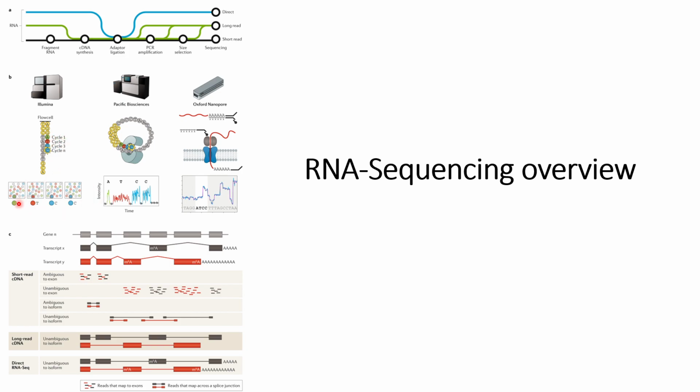As one example shown here, green signals represent A, red signals represent T, and blue represents C. This is how the sequence of the RNA processed by this instrument is later deciphered.